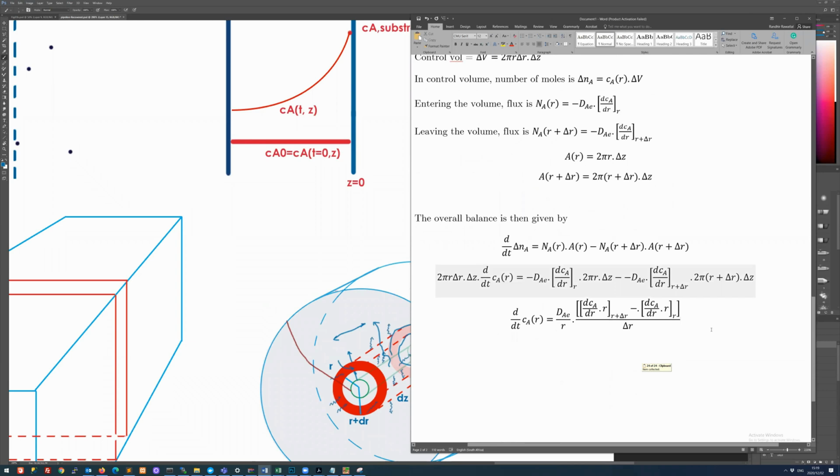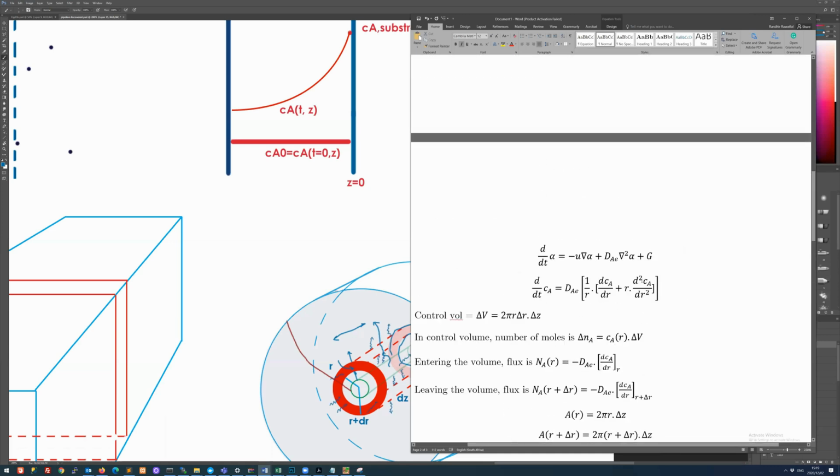So taking the limit for delta R going to 0 gives us, and let's just copy this, d/dR of this function, d/dR of this thing. And that's the result we were looking for, right?